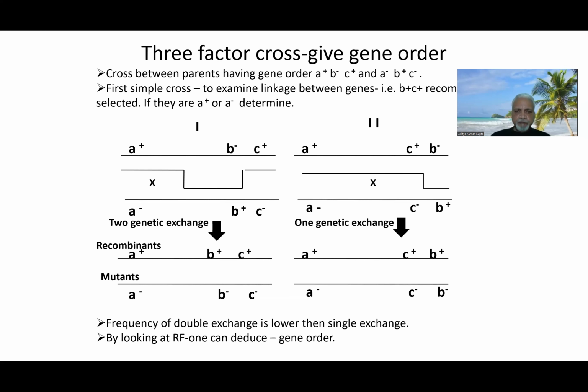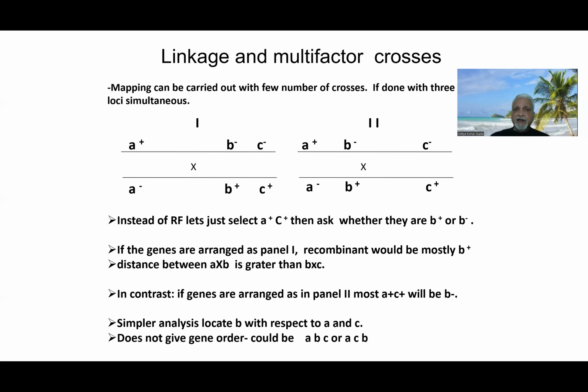Okay, let us look at another scenario wherein we can perform fewer crosses between the two and derive very useful information here.